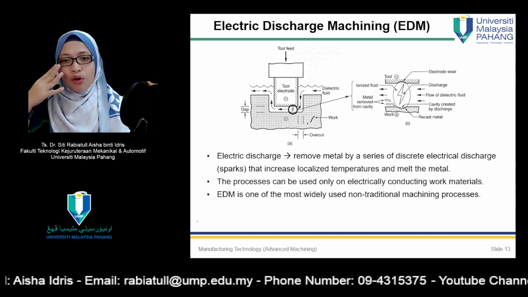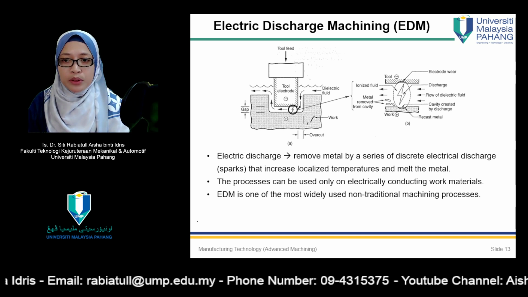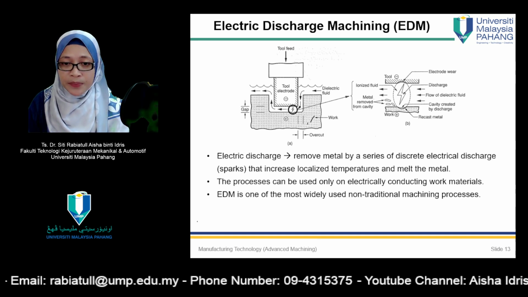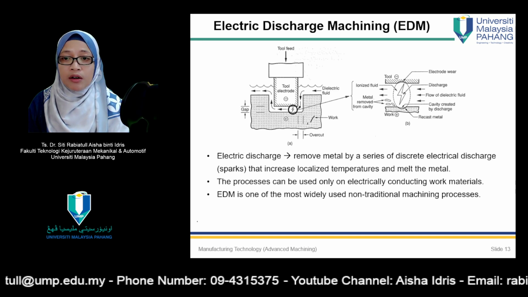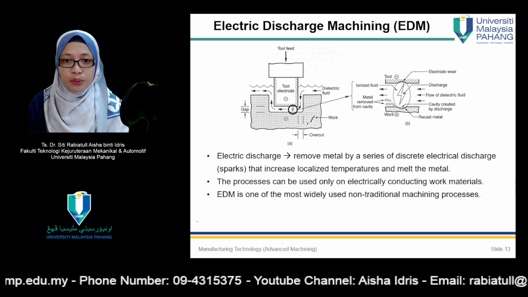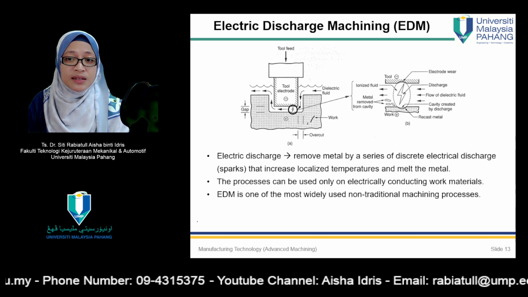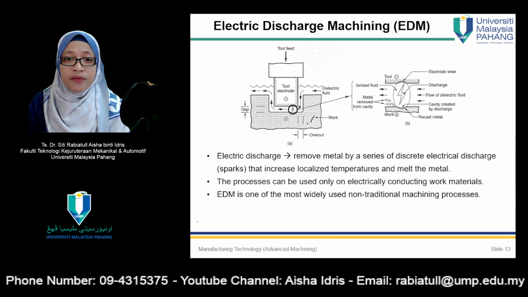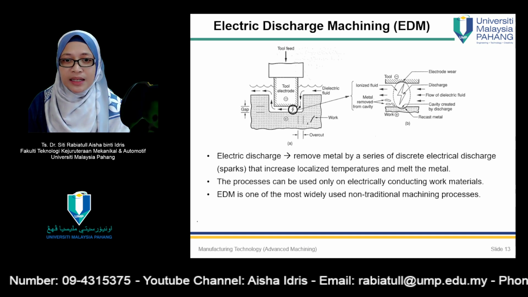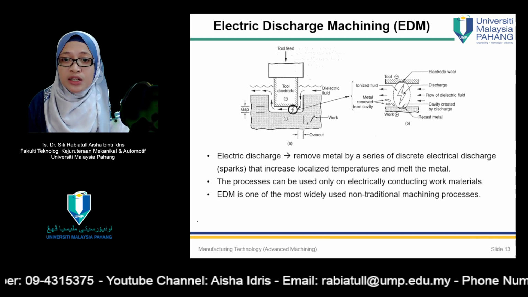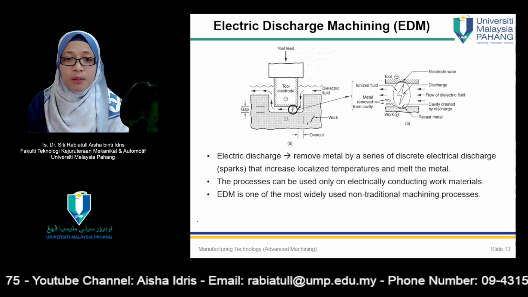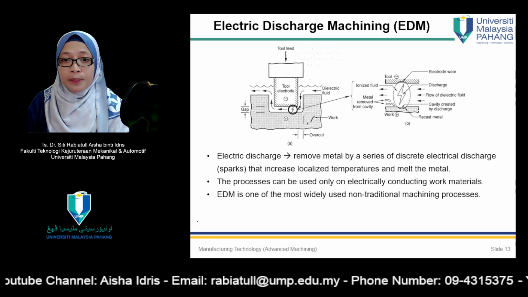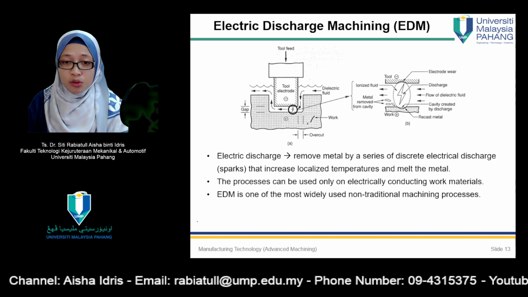The sparks occur across a small gap between tool and work surface. The EDM process must take place in the presence of a dielectric fluid, which creates a path for each discharge as the fluid becomes ionized in the gap. The discharges are generated by a pulsating direct current power supply connected to work and the tool.